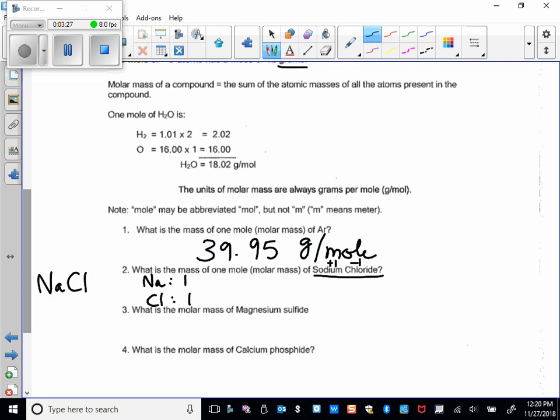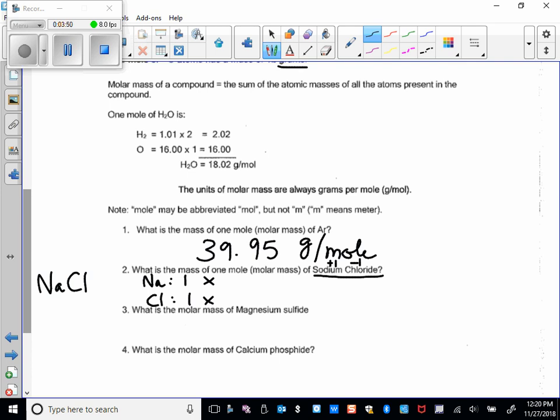I will go to the periodic table and I will look up the mass of sodium off of the periodic table. Which student will volunteer and tell me what is the mass of sodium off of the periodic table? 2 numbers past the decimal. Justin. 22 point.